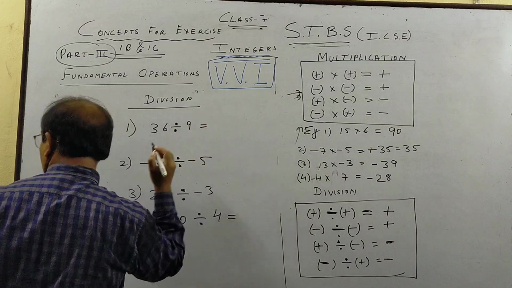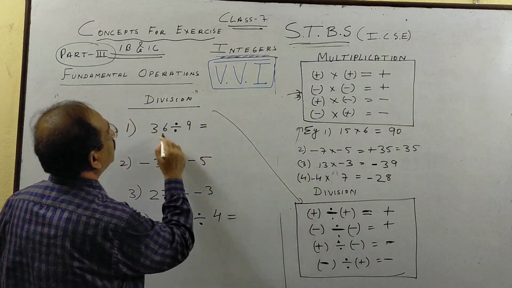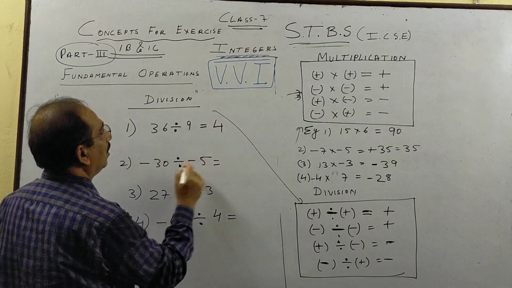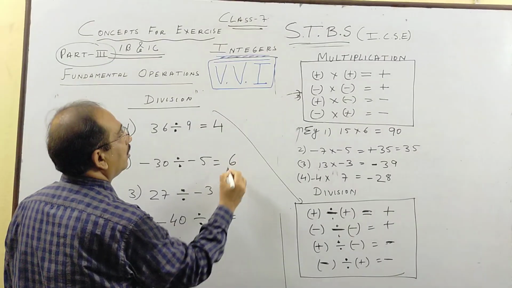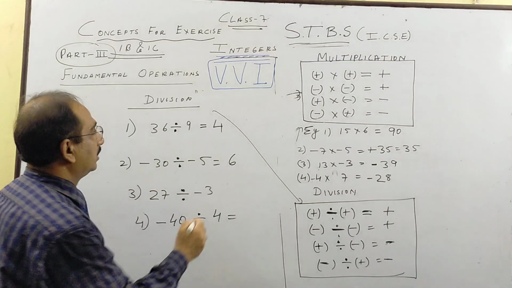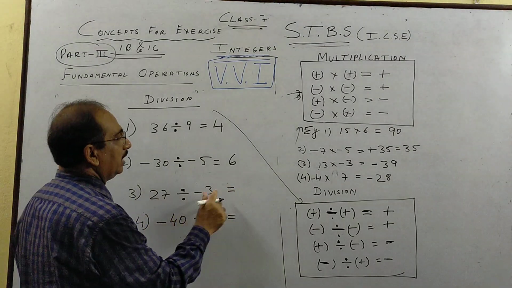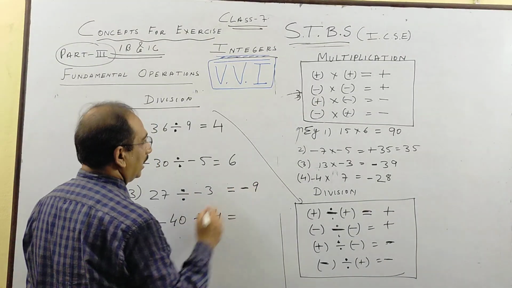Okay, so see first one. We follow the very first one. Plus, plus, plus. So 36 if you divide, you will get 4. Minus, minus will cancel. 30 by 5, if you divide, you will get 6. If one is minus anywhere, 27 divided by 3 is 9.